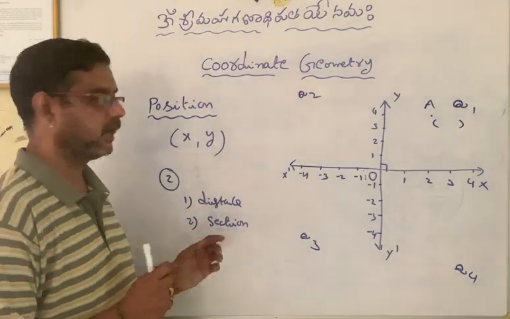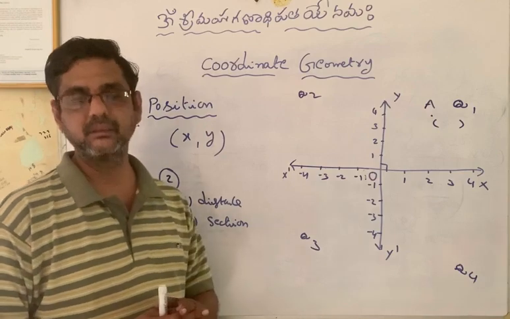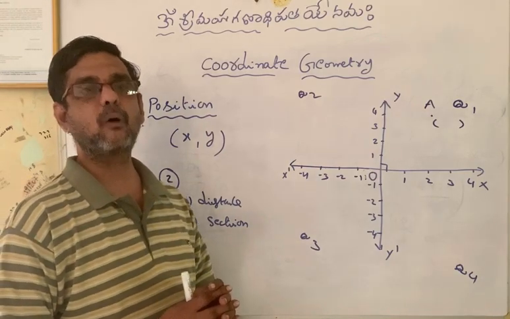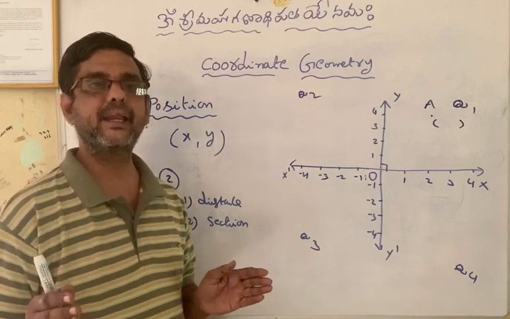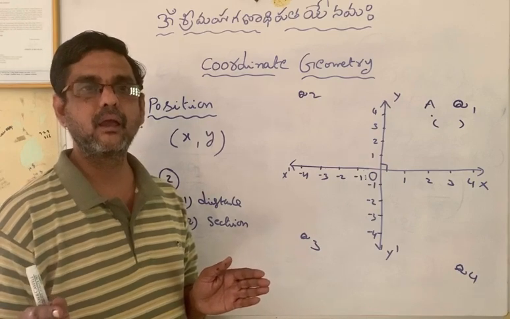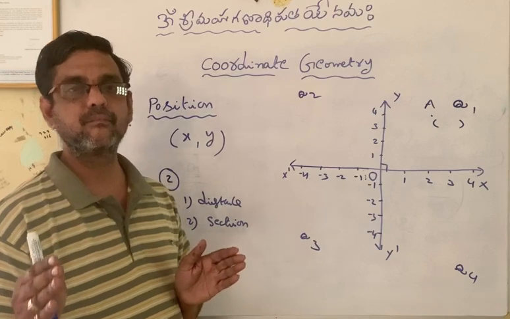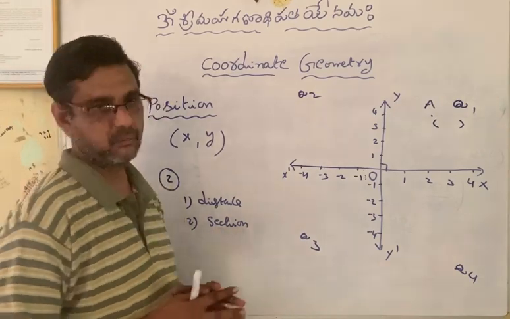And section formula, that is another concept. Friends, we have to find out the position of a point which divides the line segment joining any two points in a particular ratio. That is the section formula.